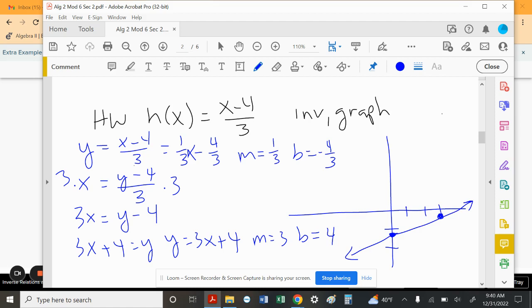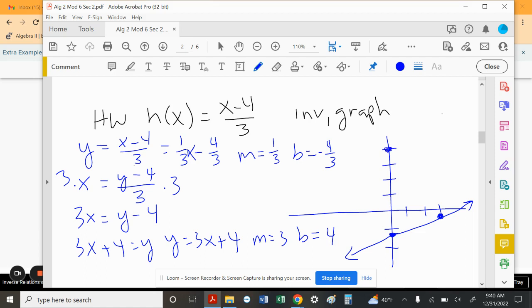Oh, did I make a mistake there? No, my b value is negative 4/3, and that's that value right there, which is 1 1/3, and then I go up 1/3. Okay, for the second one, you'll notice that my b value is 4: 1, 2, 3, 4, so it's up here.